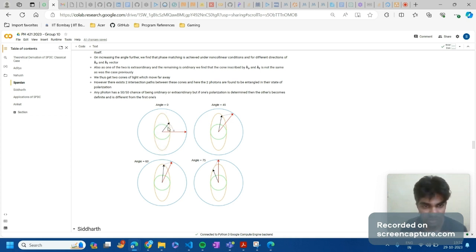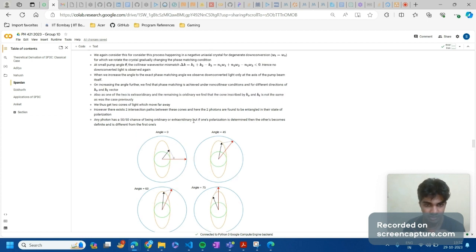And because of this, at the angles the procedure followed is nearly the same as in type 1, but one major difference, as you can see, is that the angle between the signal and the idler beam is much larger as compared to type 1.